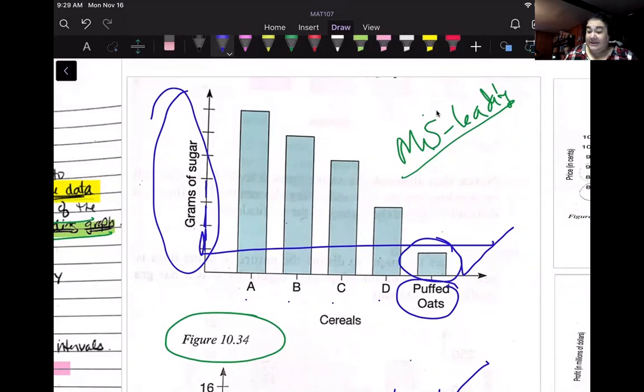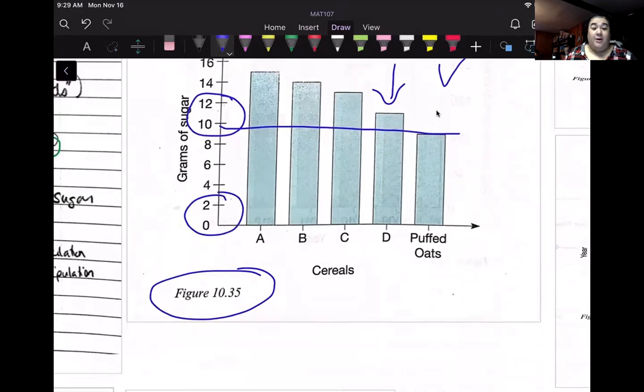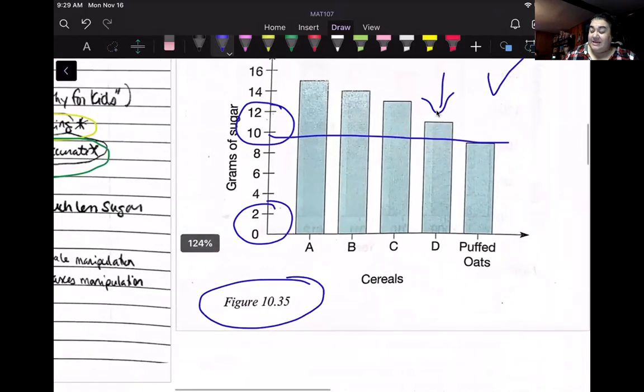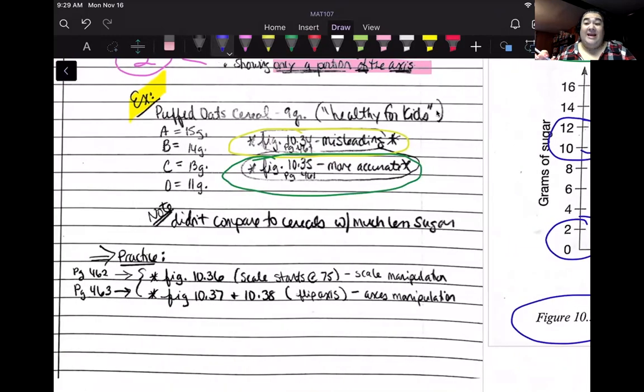But clearly, if the difference between here and here is only 2, okay, then this is 10, this is 12. So what happened to the beginning part of our scale, right? What you can see here, here's where it starts, the beginning part. So it is misleading because they are manipulating the scale, okay?